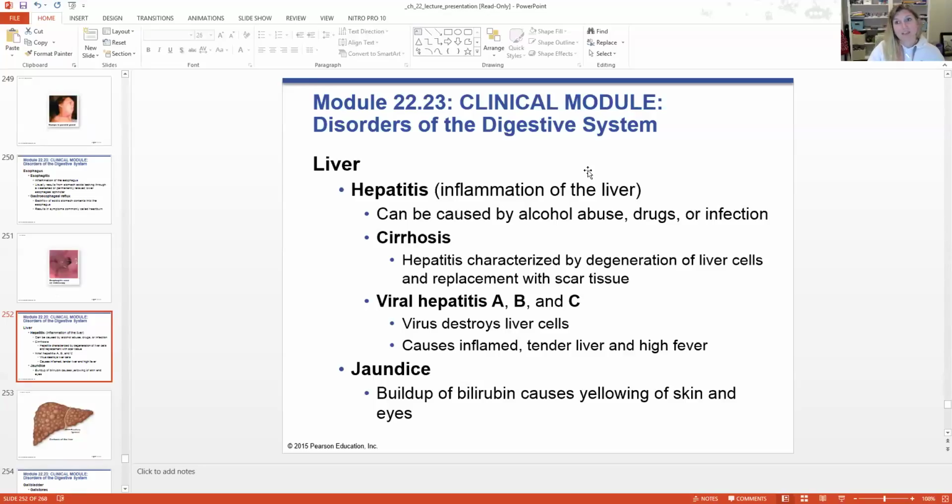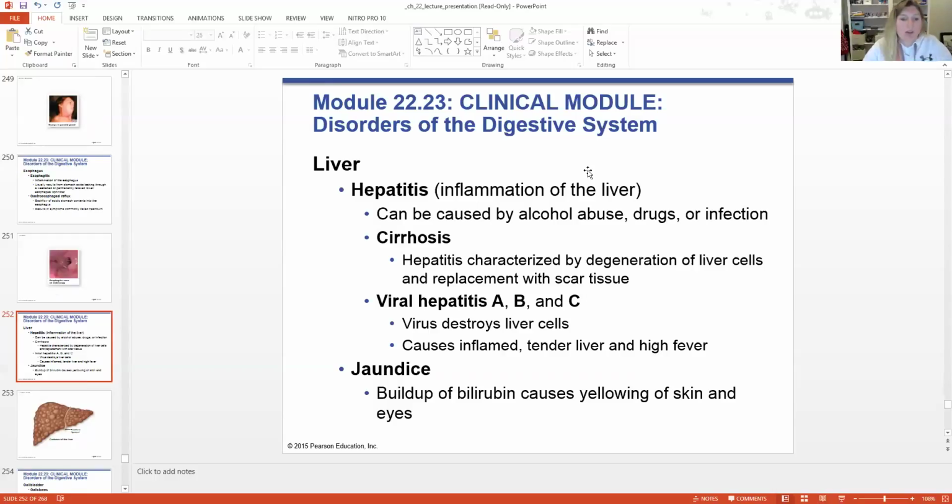So basically, the liver cells themselves are becoming non-functioning, and it's replaced by stiff scar tissue that's not going to be able to filter or regulate like the liver cells do. Viral hepatitis A, B, and C will destroy the liver cells. This can cause an inflamed, very tender liver, a very high fever, very painful and uncomfortable.